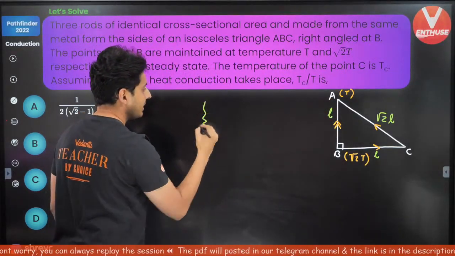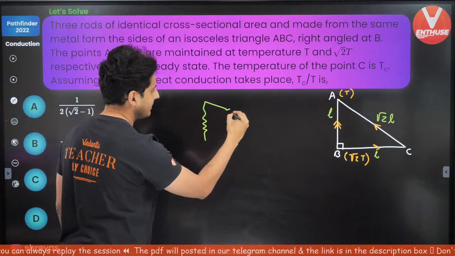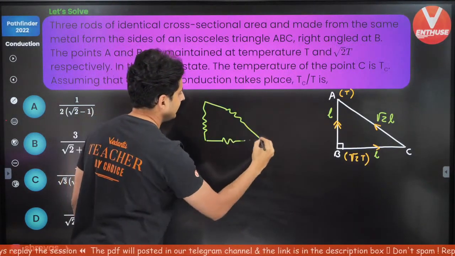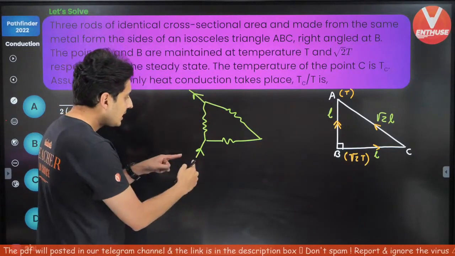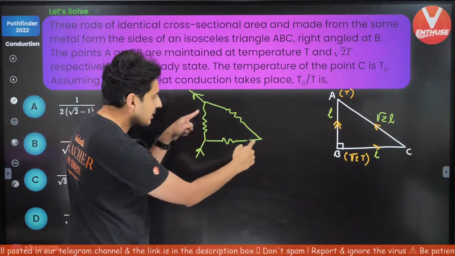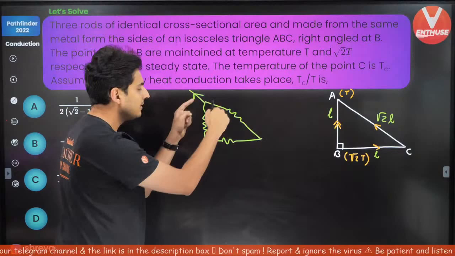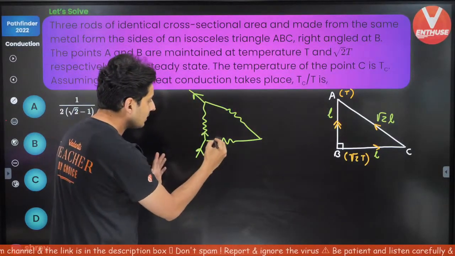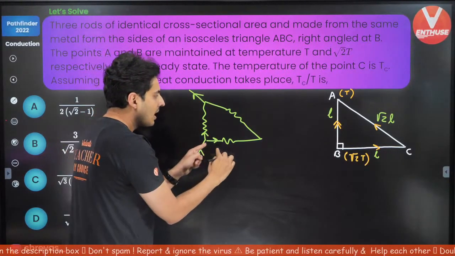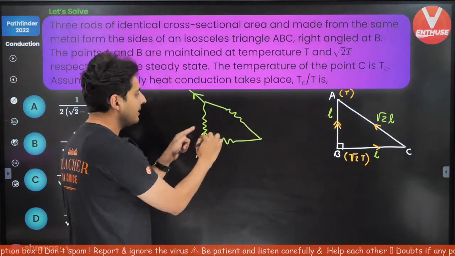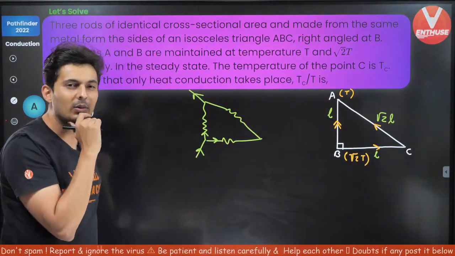If you convert it into resistance, the resistors will look something like this. The current is coming in and going out. This current will get distributed between this branch and this branch. It will get distributed. So this distribution will depend on how much resistance is there here, and they may not be actually equal.